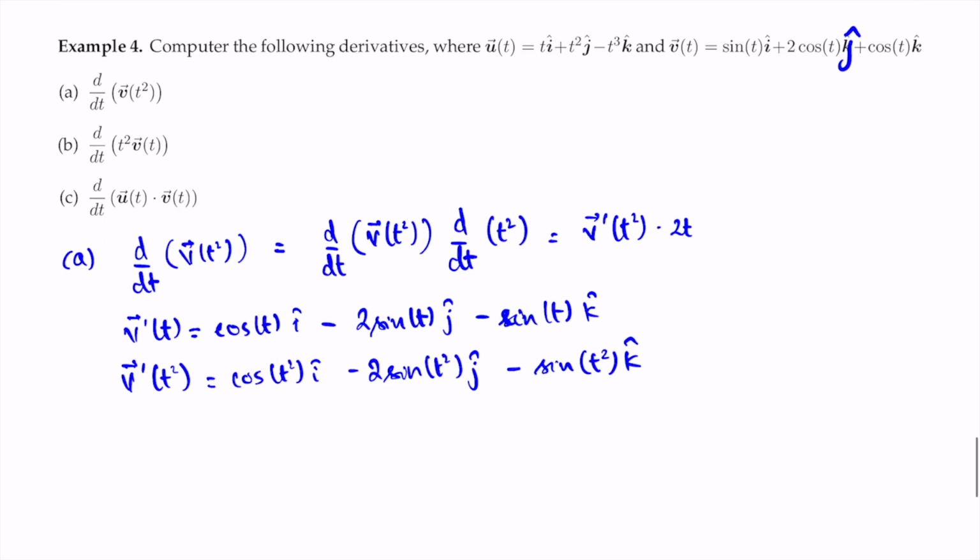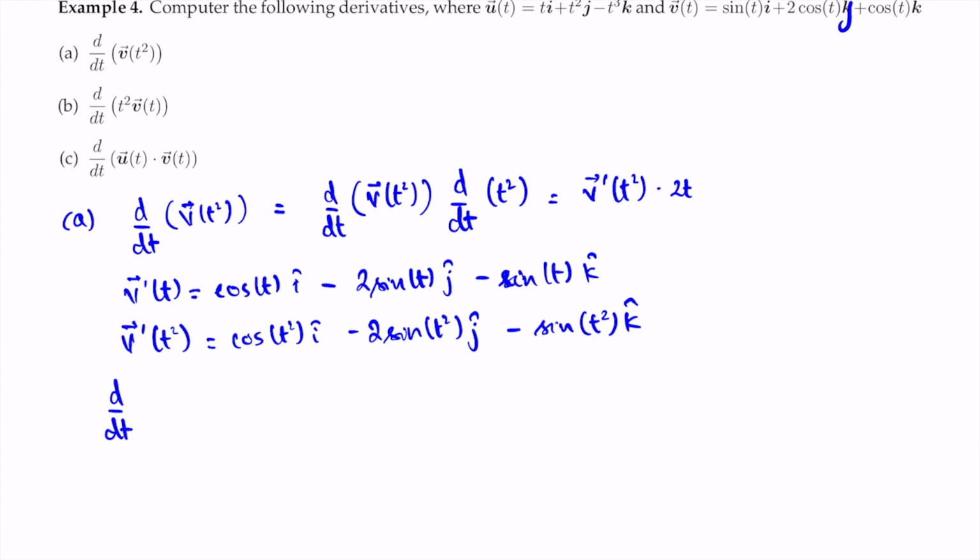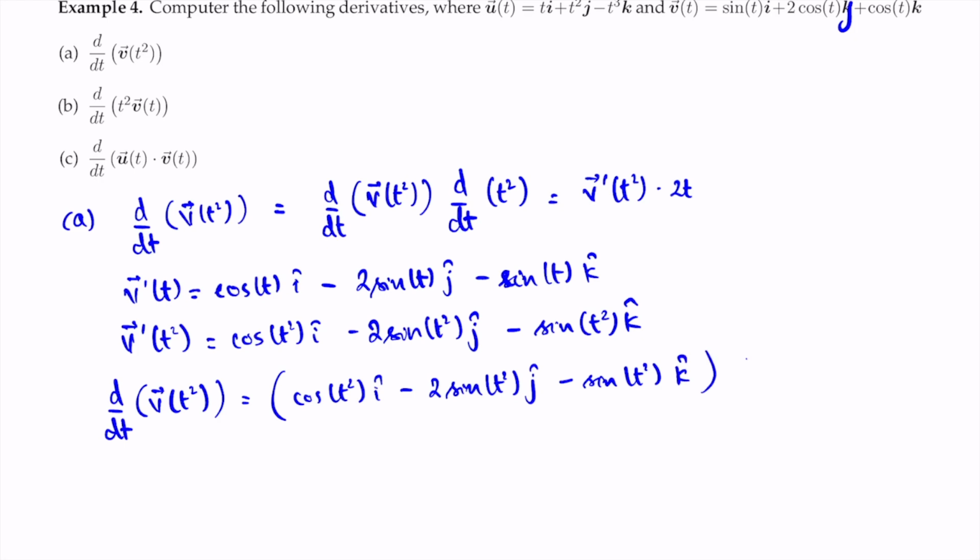And then you're going to substitute this into the result that we got here, and we get the derivative of v of t squared is equal to cosine of t squared i minus 2 times sine of t squared j minus sine of t squared k, times 2t.